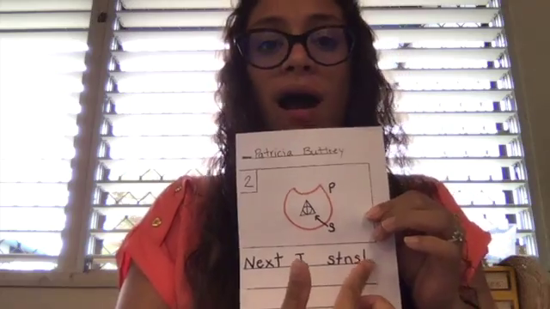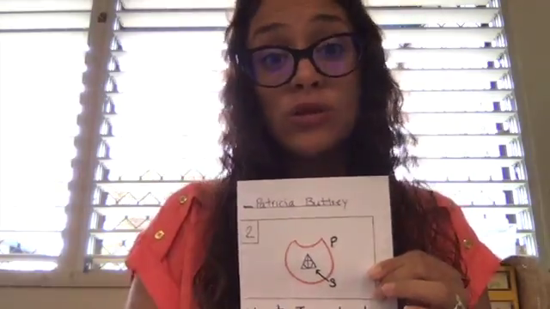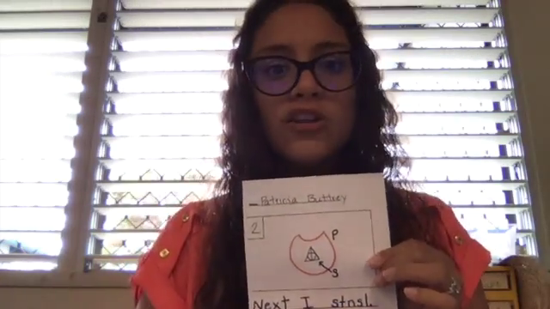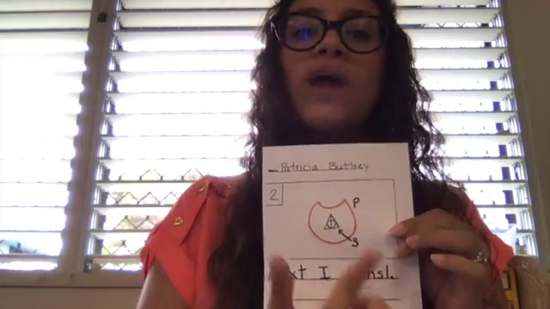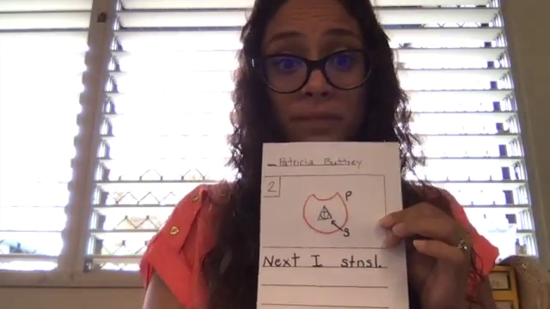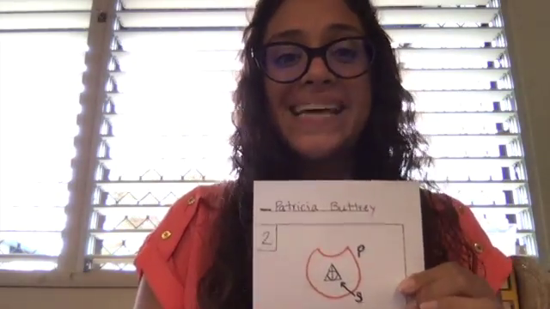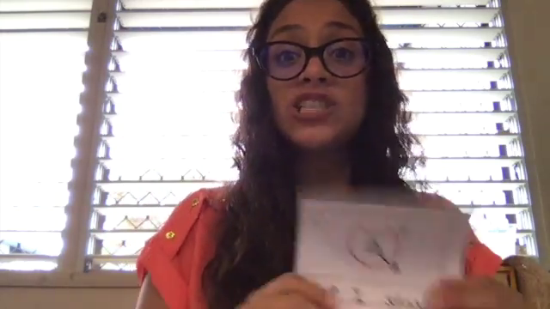Stencil. I want you to try your best to hear the sounds and put down a letter for those sounds. If you can only hear the first sound, that's okay. Write a letter for the first sound, and then you can draw a line. I just want you to try your best. Once you're done completing page 2, I want you to click the link for Seesaw, take a picture of your page 2, and post it for me.